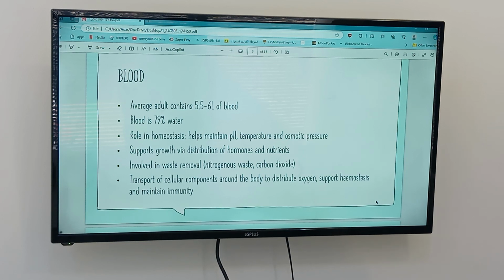How can the body react with an antigen, for example, or with foreign materials? By the blood, which transfers all these cells to the target cells or to the problem cells. Okay?